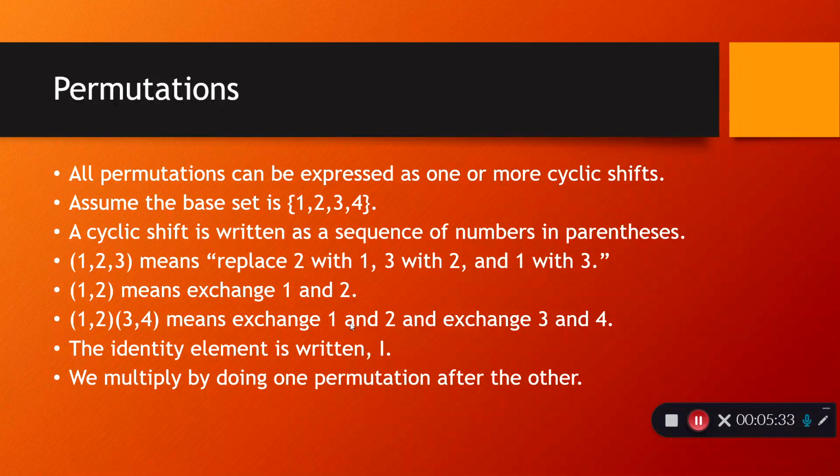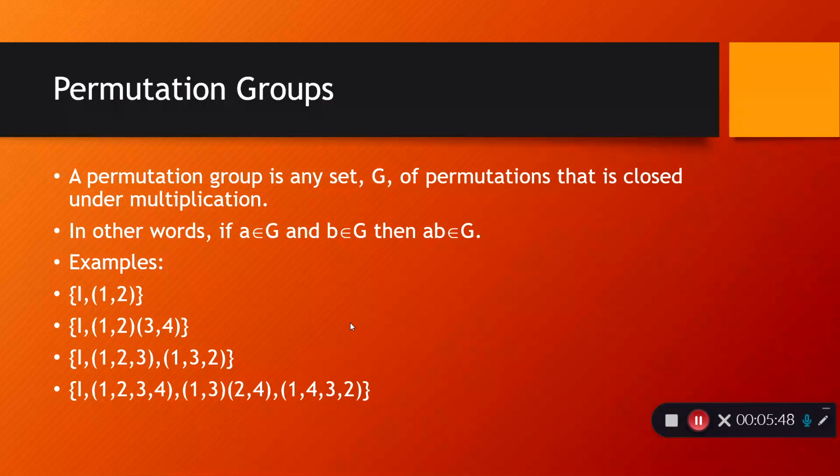This notation is not universal. We can multiply one permutation by another by doing one after the other. That's simply the composition of two functions, as I mentioned earlier. Now, a permutation group is any set G of permutations that's closed under multiplication.